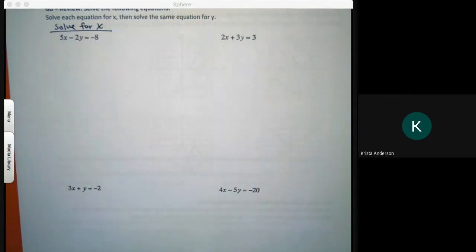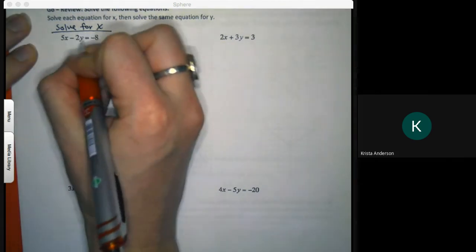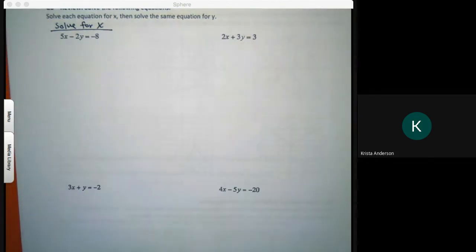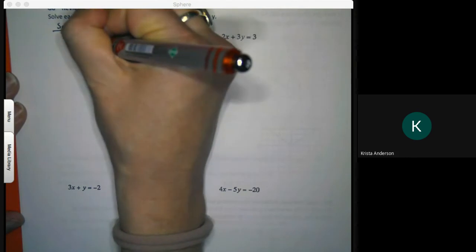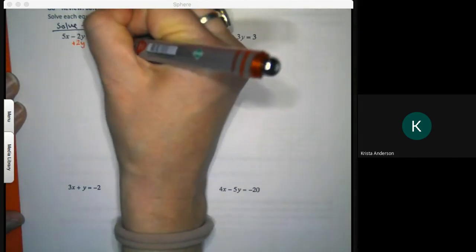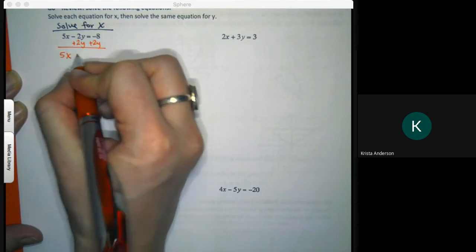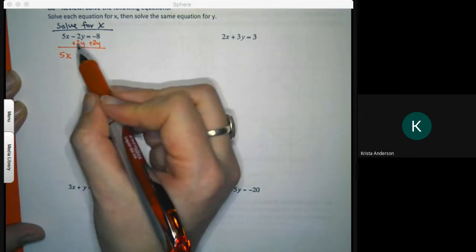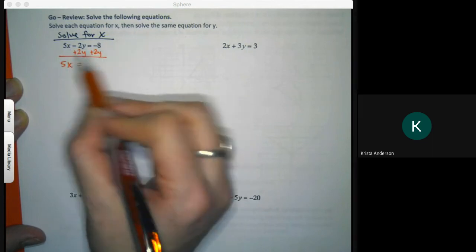If I want x by itself, that means I need to get the 2y to the other side. When I move the minus 2y over to the other side, it will change to a positive 2y. Most of us would not show this work.